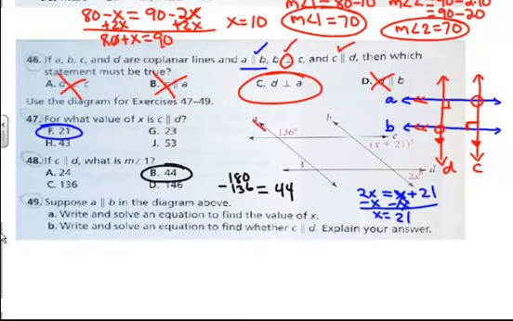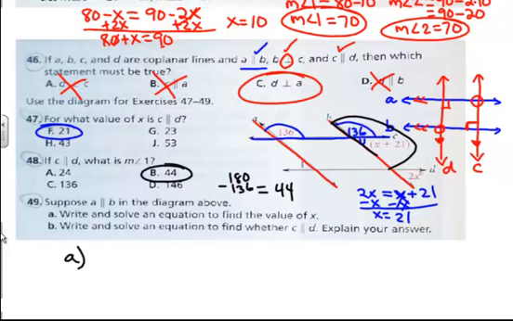I want A to be parallel to B. And what I have right now is this transversal connects this angle with this one. These are not equal angles, but what I do know is that if these lines are going to be parallel, this has to transfer over because corresponding angles would have to be congruent, and that gives me a linear pair, which means these angles would have to add up to equal 180.